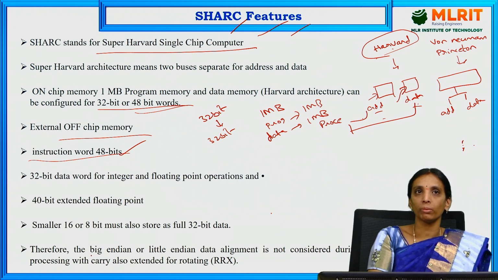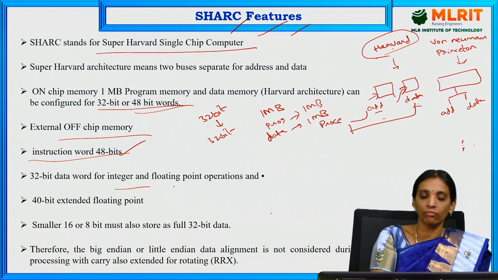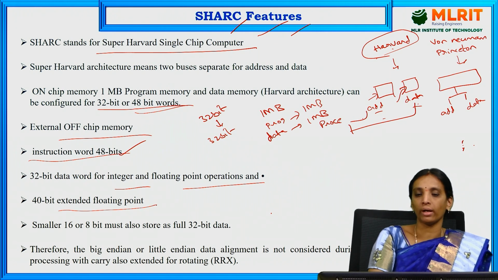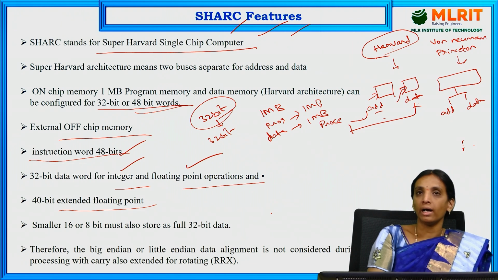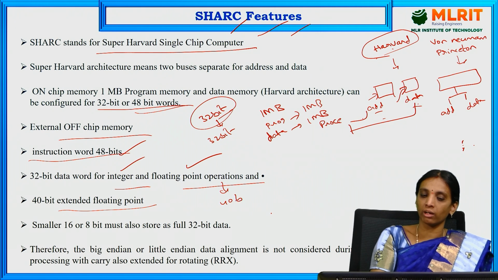The 32-bit data word is for integer and floating point operations, plus 40-bit extended floating point. Depending on the application, for floating point operations we can extend our data capability to 40-bit also.